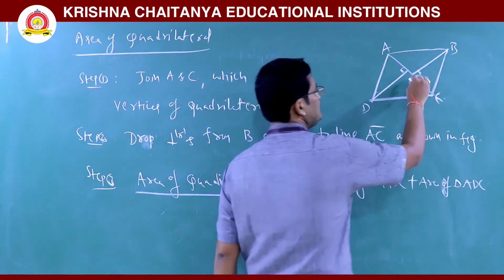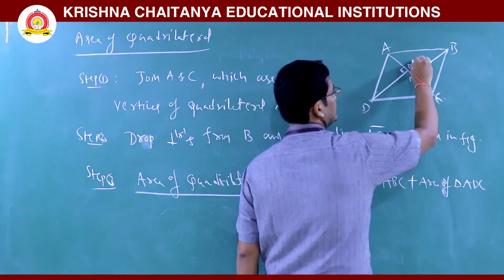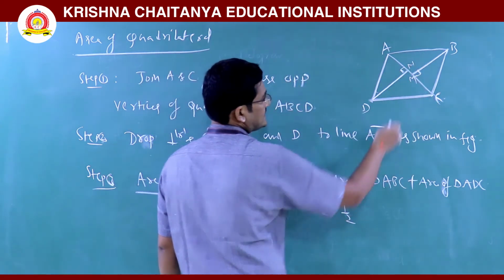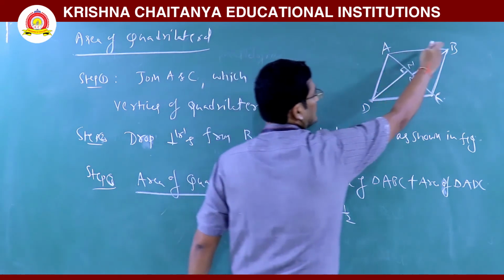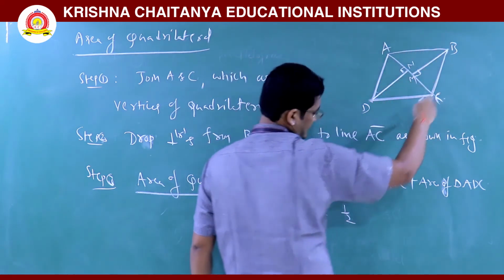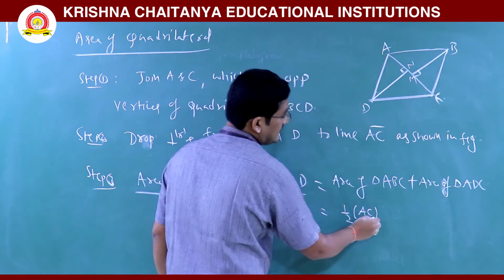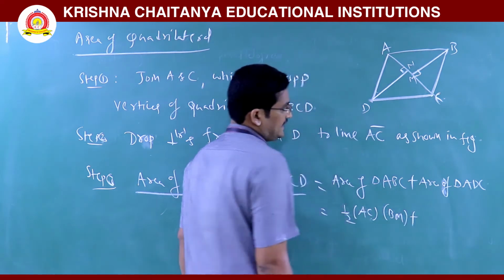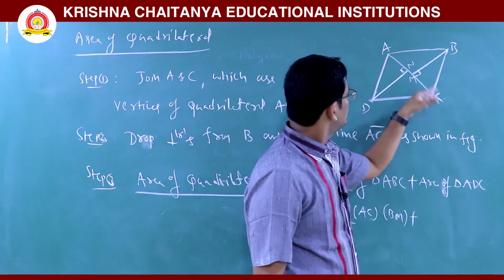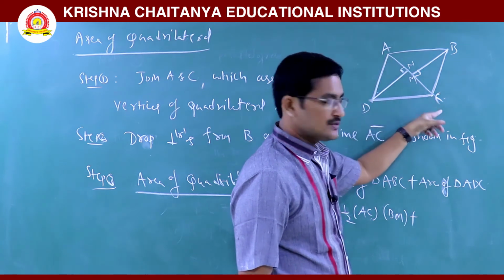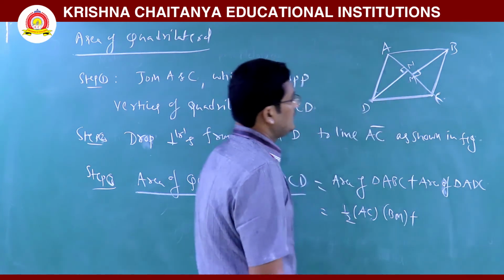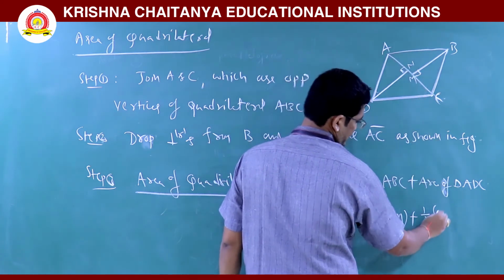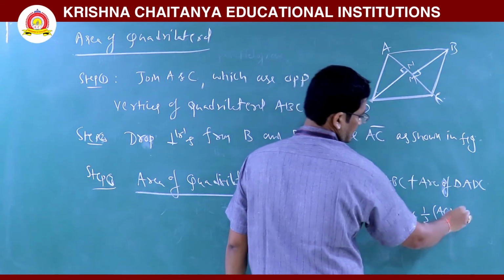I am taking this foot as M, and this foot as N. Then the area of triangle ABC is half into base AC into height BM, plus the area of triangle ADC, which is half into the base AC into height DN.